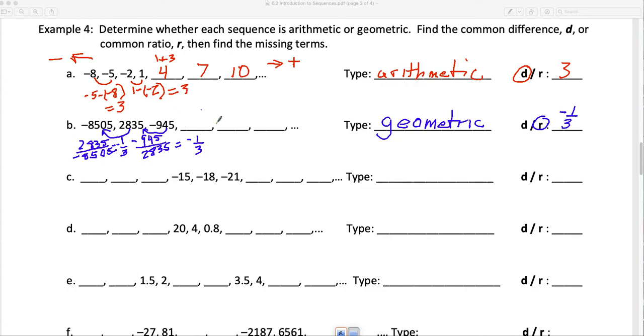All right, so now I've got to fill in all these missing terms. For this term here, I've got negative 945 times negative 1/3. At this point, we are multiplying going forward, and down here, we divided backwards.